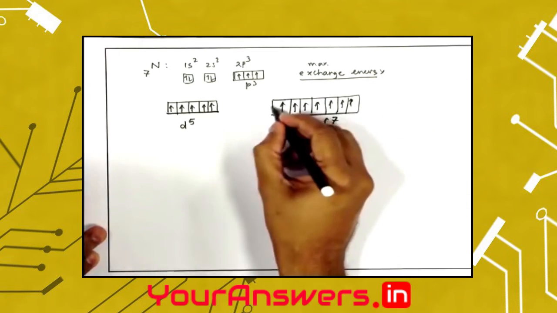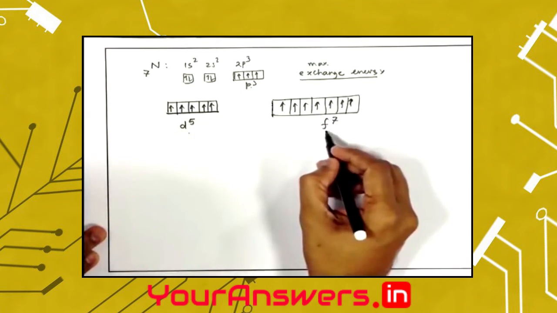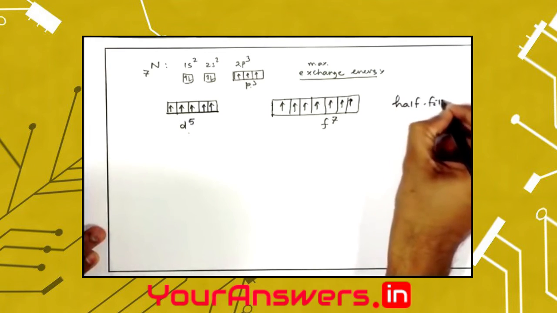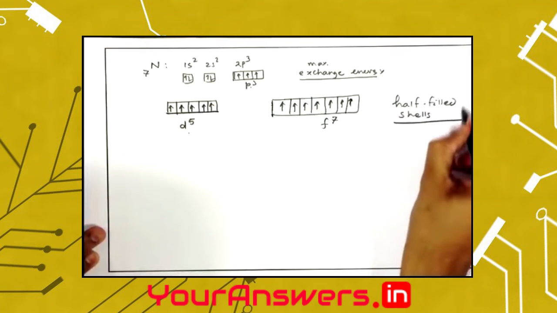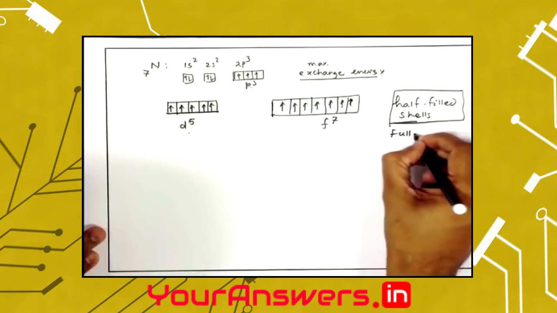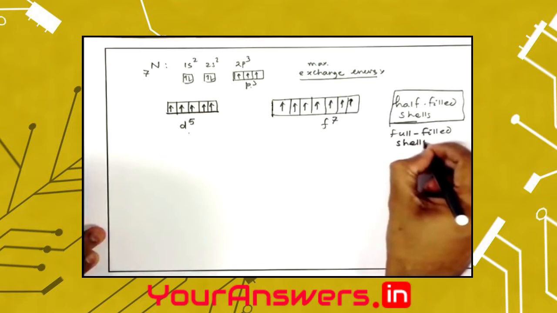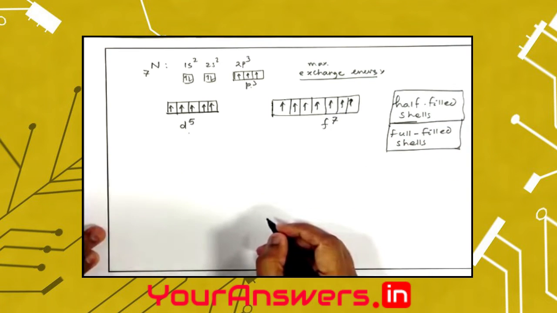F7 is also a very stable configuration. So when you have p3 or d5 or f7, these are called half-filled shells. The half-filled shells provide very stable configuration. Similarly, the fully filled shells also give good stability. So fully filled and half-filled shells are very important for stability.